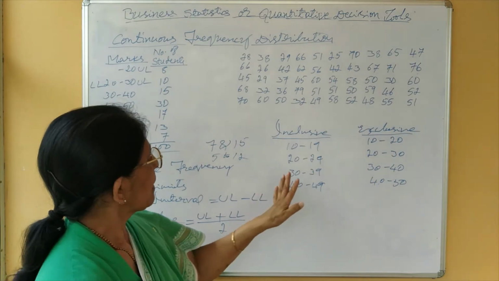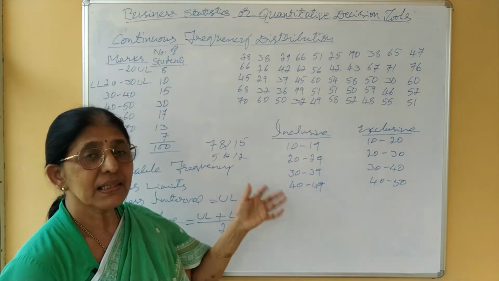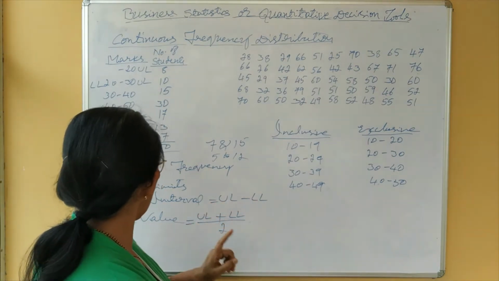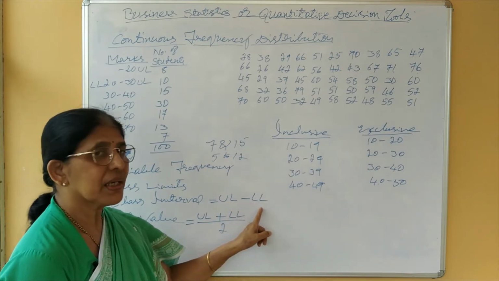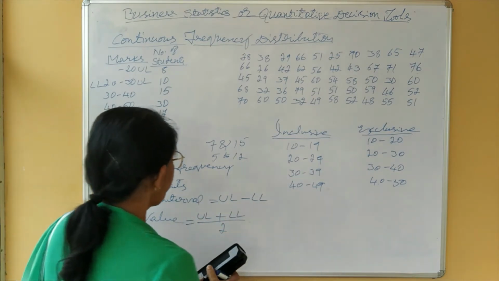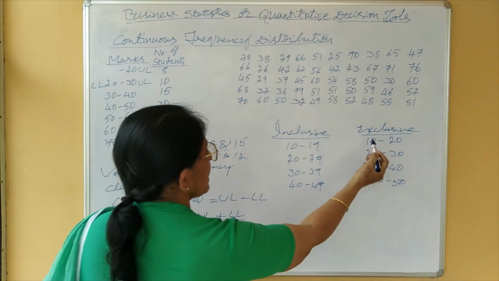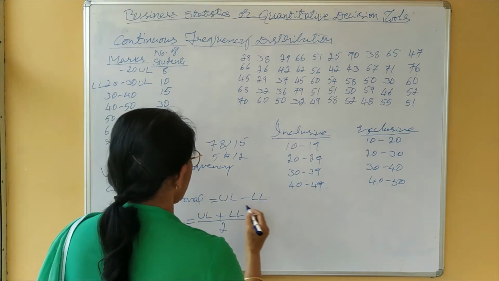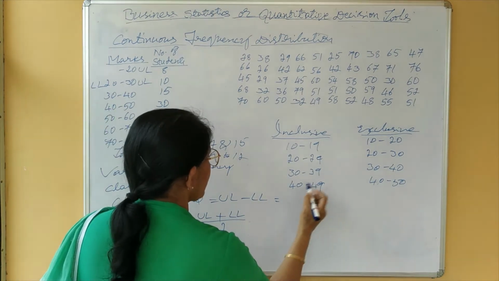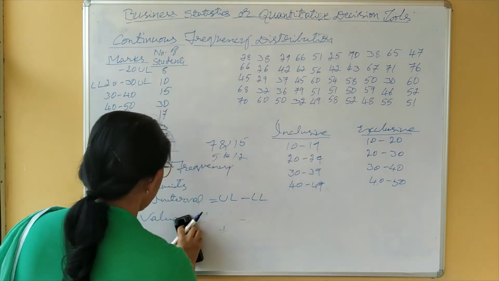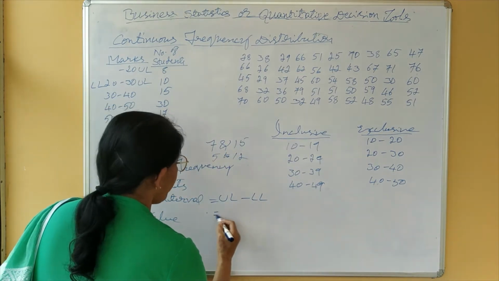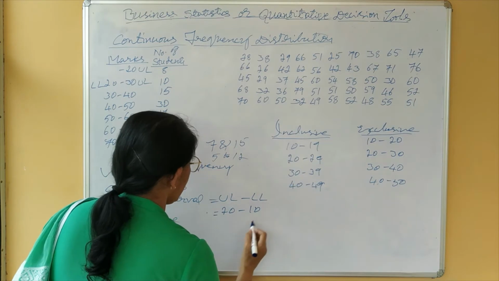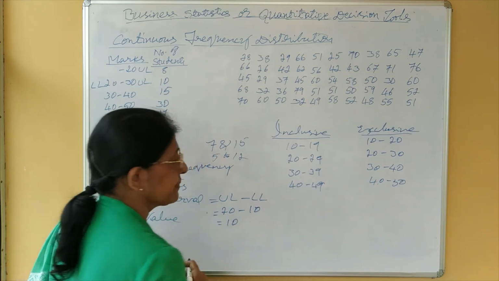Why do we have to prefer the exclusive method? There is a technical problem in calculating class interval. When we calculate class interval, the formula is upper limit minus lower limit. Now, if you apply that formula to the class 10 to 20, the upper limit 20 minus the lower limit 10 gives a class interval of 10.